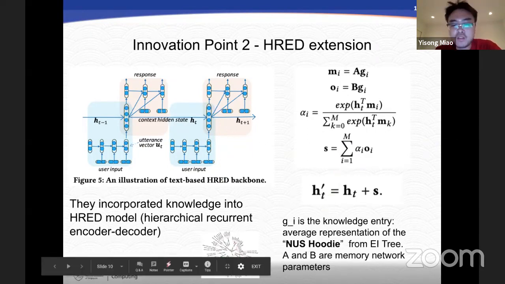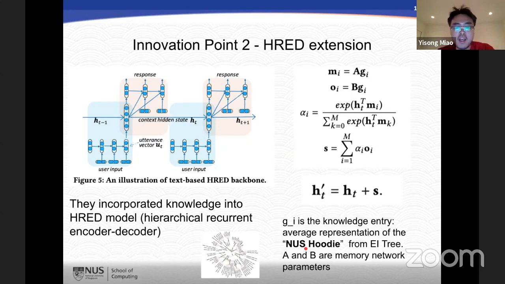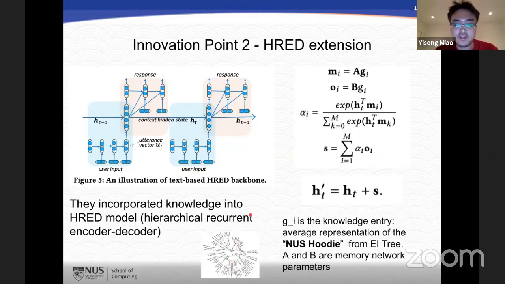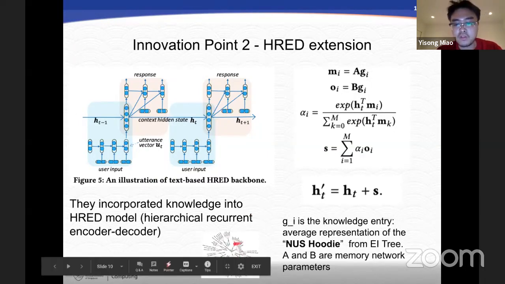Say that the NUS hoodie has, say, five appearances in the whole corpus, and they just obtain it by the existing pre-trained EI tree model. They just feed the representations of all the NUS hoodies into this EI tree model, get their representations, and average them up.